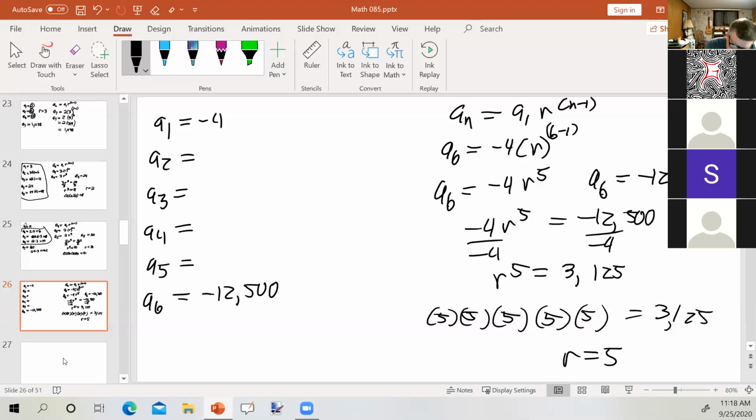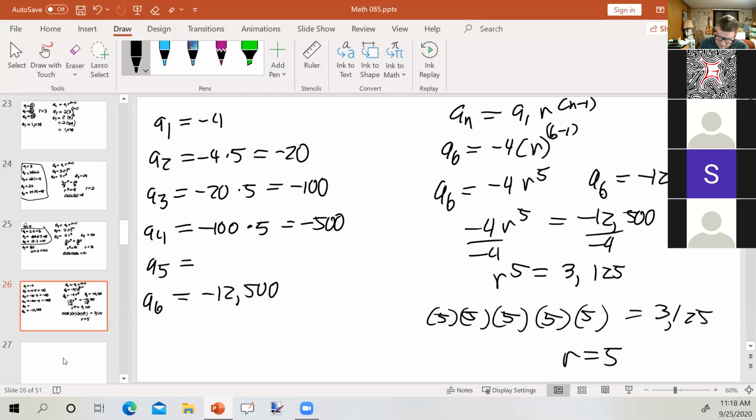So a sub 2 is a sub 1 times the common ratio, which is -20. A sub 3 is a sub 2 times the common ratio, which is -100. A sub 4 is a sub 3 times the common ratio, which is -500. A sub 5 is a sub 4 times the common ratio, which is negative, what is that? -2,500.